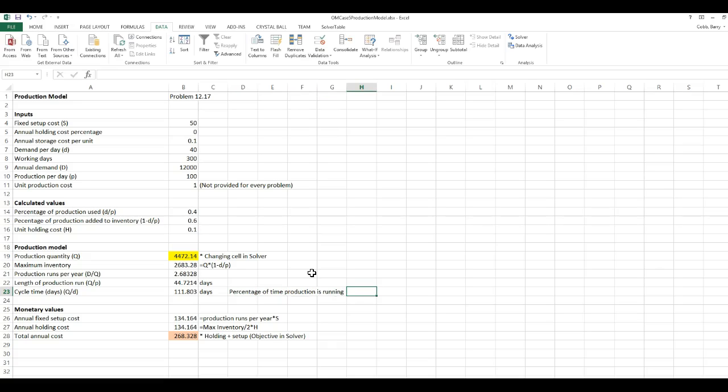This means that the percentage of time that production is running is 44.72 divided by the cycle time, or about 40%.